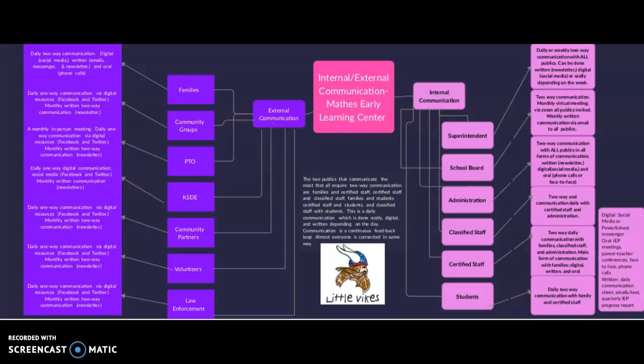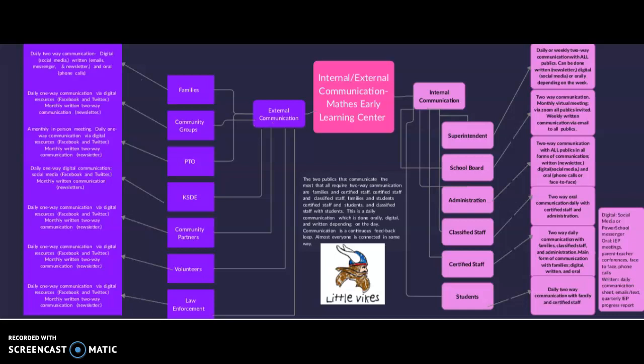Our school board is two-way communication. So we used to meet in person, but recently, since COVID, that has changed, and we now meet monthly, and the school board members meet on Zoom, and then they Facebook Live it so that anyone can see it.